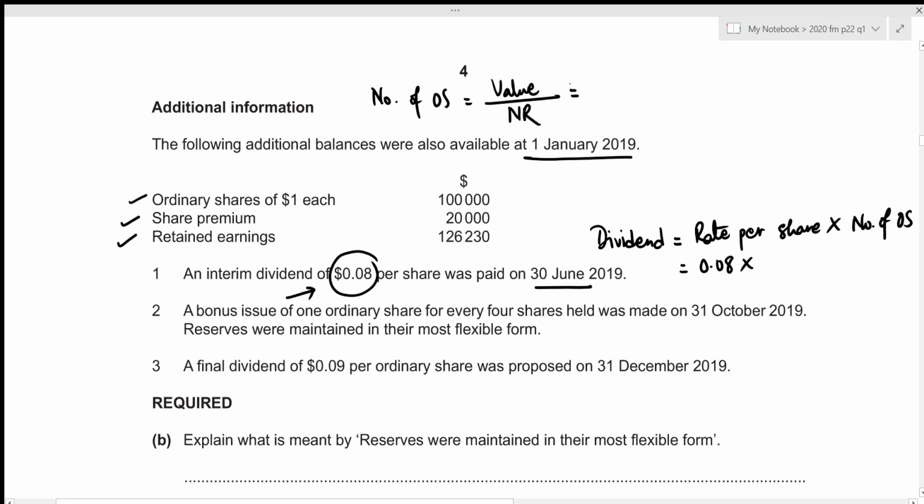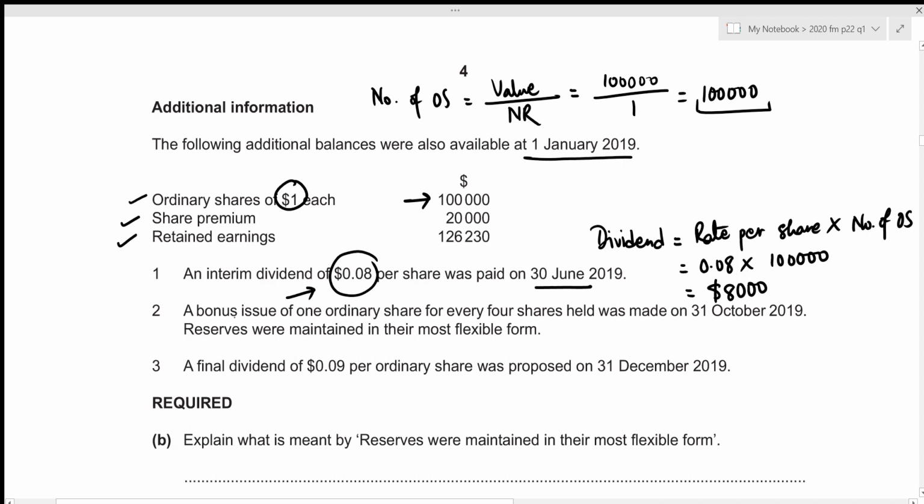In this case, the value of ordinary shares is given to be 100,000, and the rate per share is given to be 1, which means that our number of ordinary shares is also going to be 100,000. Let's substitute this value in order to figure out the total dividend. So that will be 0.08 times 100,000, which results in 8,000.